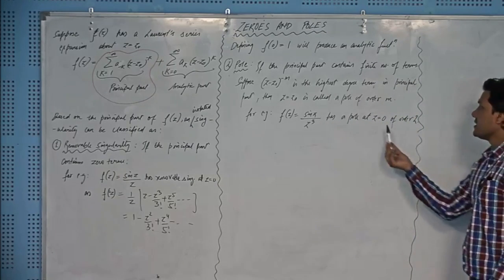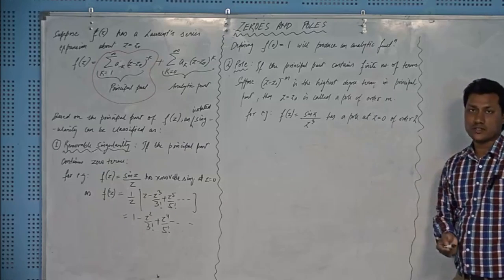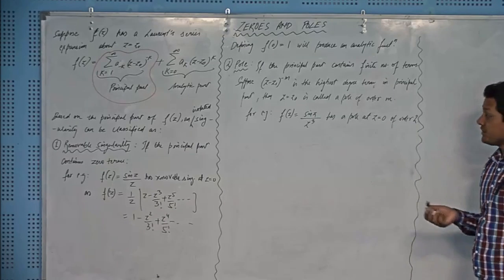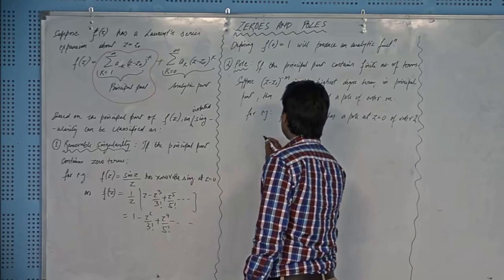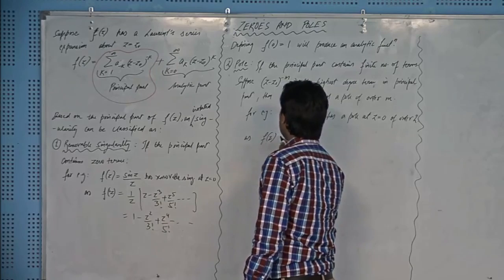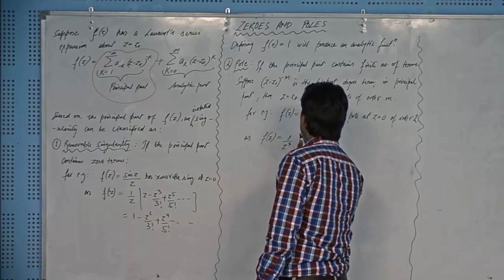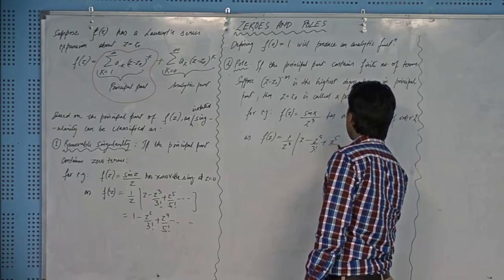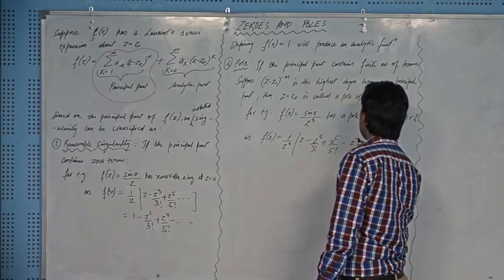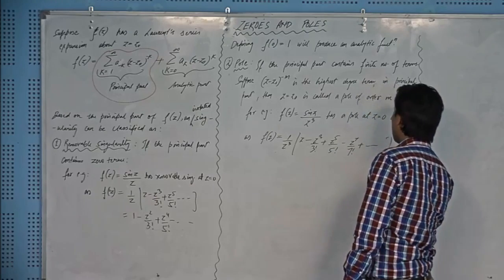And why we are saying that z equal to 0 is a pole of this function and of order 2, because if I do the expansion of this f(z), I will get f(z) equal to 1 over z cube times z minus z cube by 3 factorial plus z to the power 5 by 5 factorial minus z to the power 7 by 7 factorial, and so on, right?